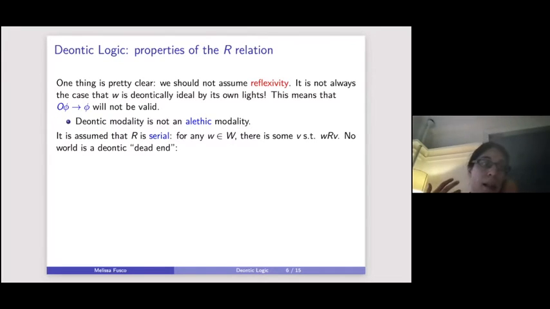However, in SDL, one does assume, and again, test your intuitions, that R is serial. So that means for any world little w in our universe, there is some world v such that wRv. What that means is that no world is a deontic dead end. No matter how bad any world is, it always sees some other world or itself as deontically ideal.